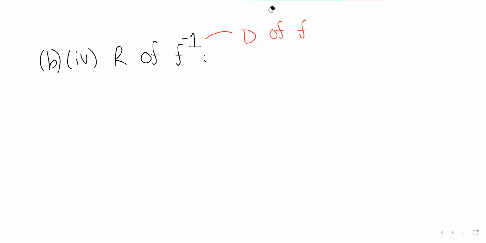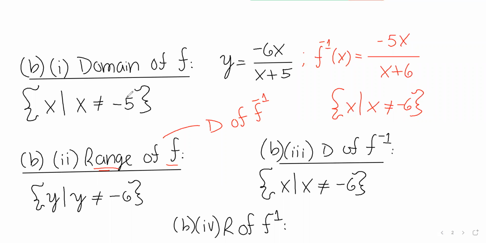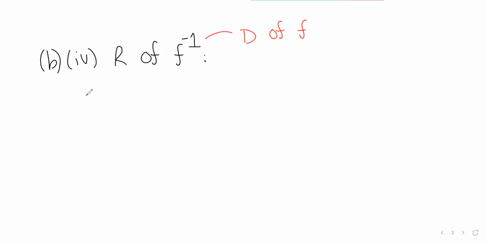Or should I say domain of f? But notice that's actually the first thing we were ever asked in part 1, the domain of f. So that would be our answer, but formatted with y. So all y such that y cannot be -5.